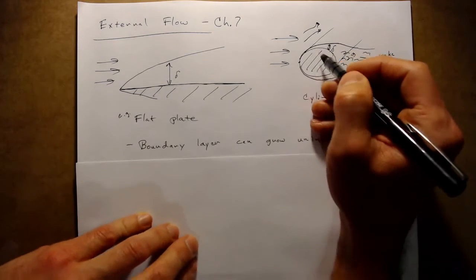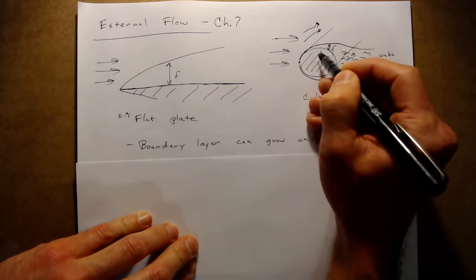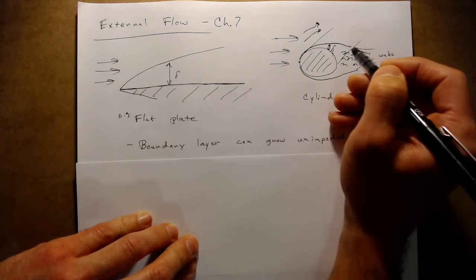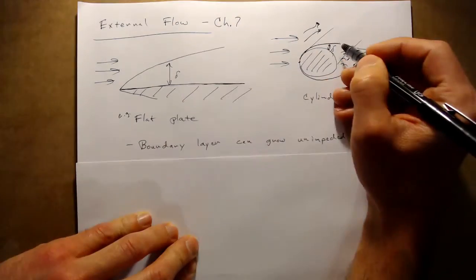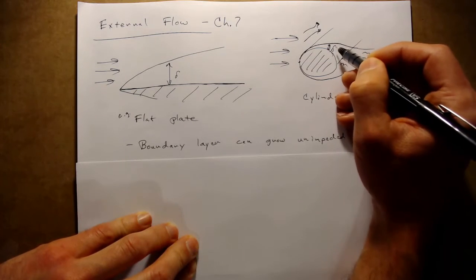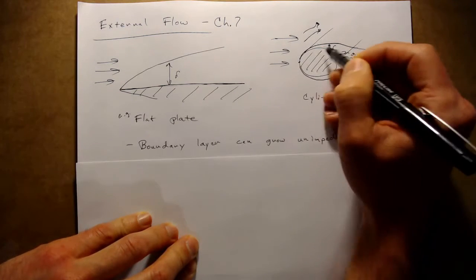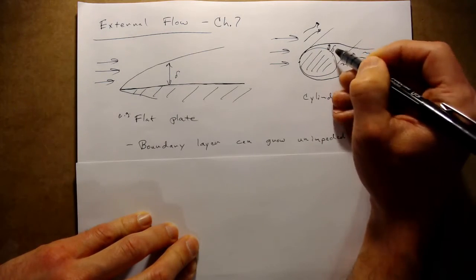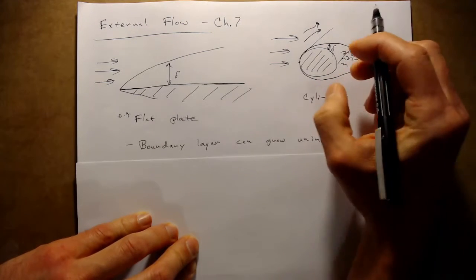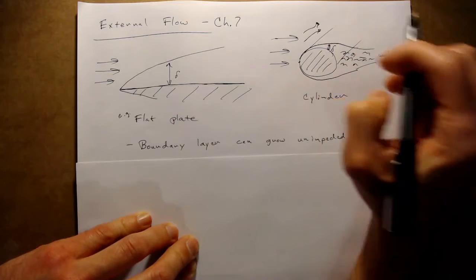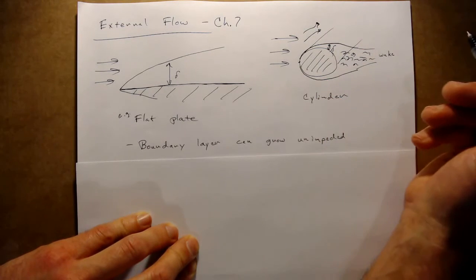And in doing so, the cylinder is going to remove momentum from that flow, so it's going to change the velocity of the flow. And just like for the flat plate, there will be a region in which the surface of the cylinder influences the flow, and that region can grow. And there's nothing stopping that boundary layer region from increasing in thickness.